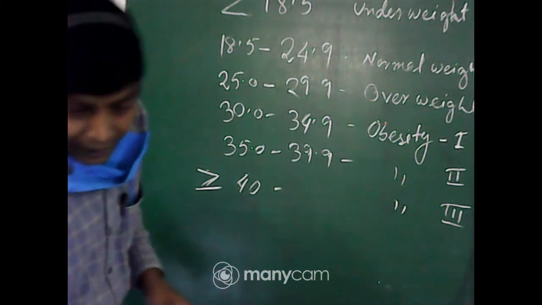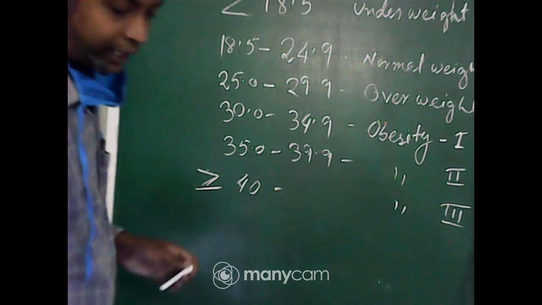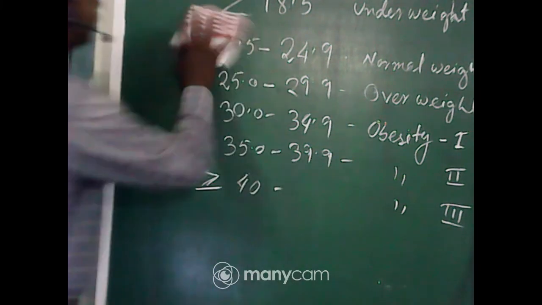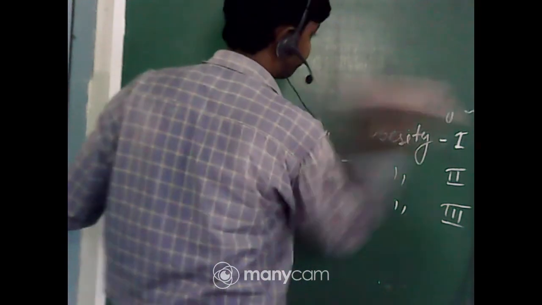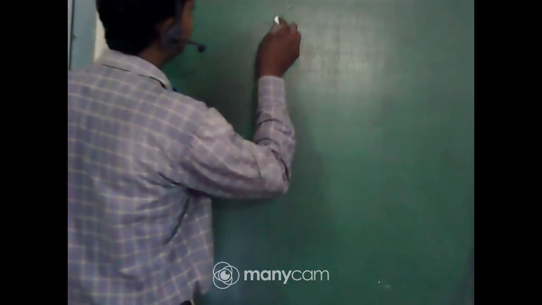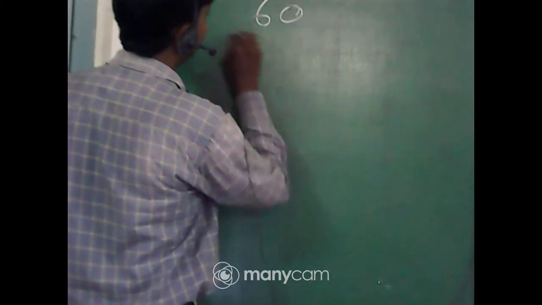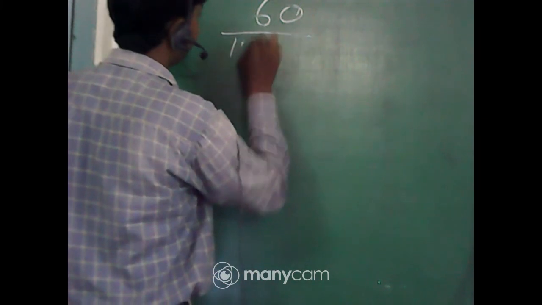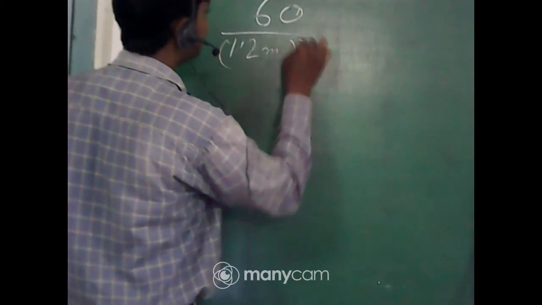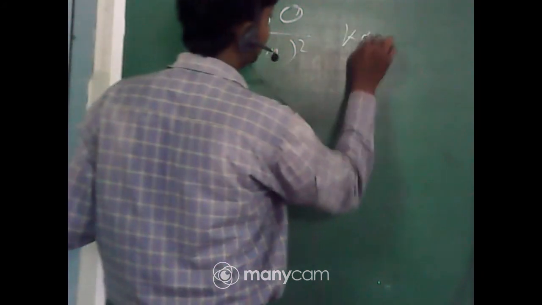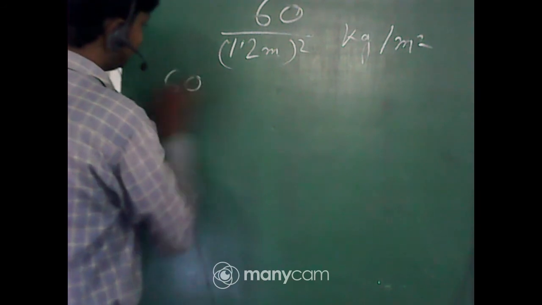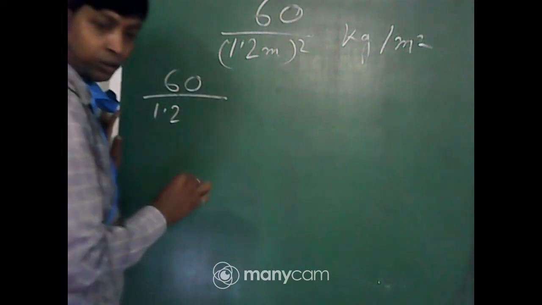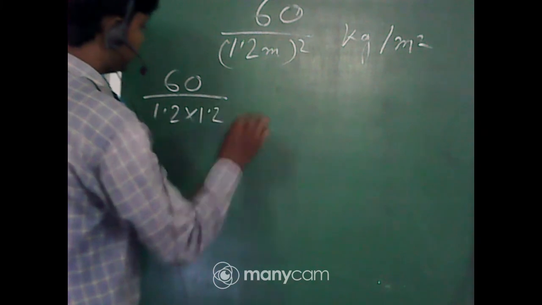So for an example, if we calculate height and weight which I gave you before, 60 kg weight and 1.2 meter height squared, so kg per meter square, 60 divided by 1.2 into 1.2.